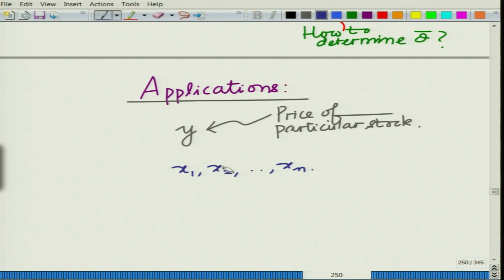These can be the prices of related stocks.